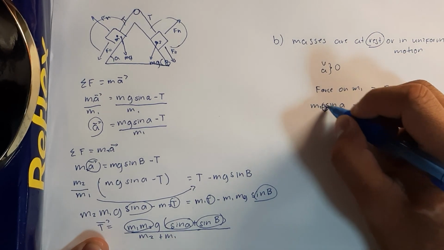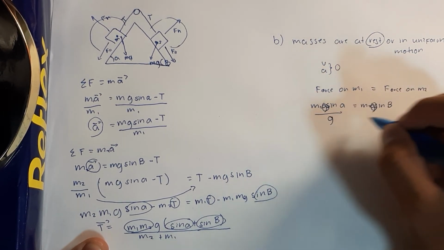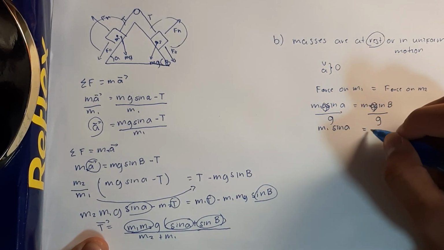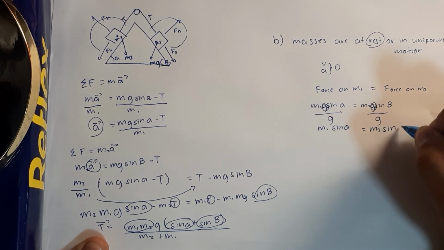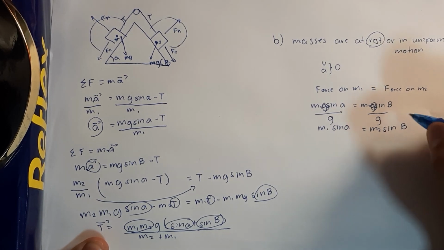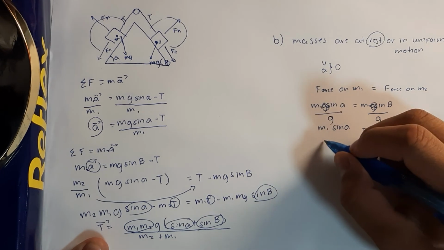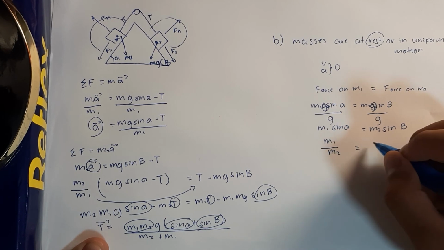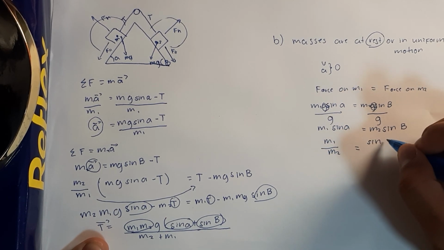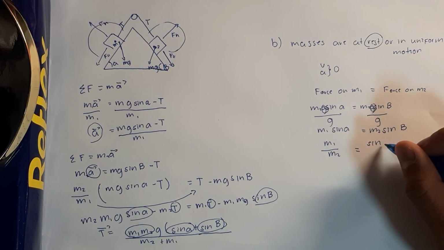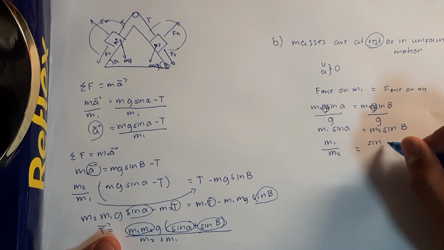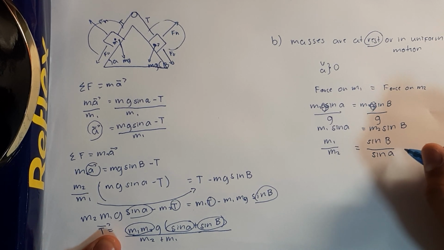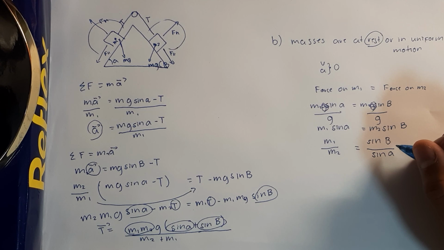You can see that G is common, so we get M1 sine alpha equals M2 sine beta. We can rearrange that and we get M1 over M2 equals sine beta over sine alpha, and that's it.